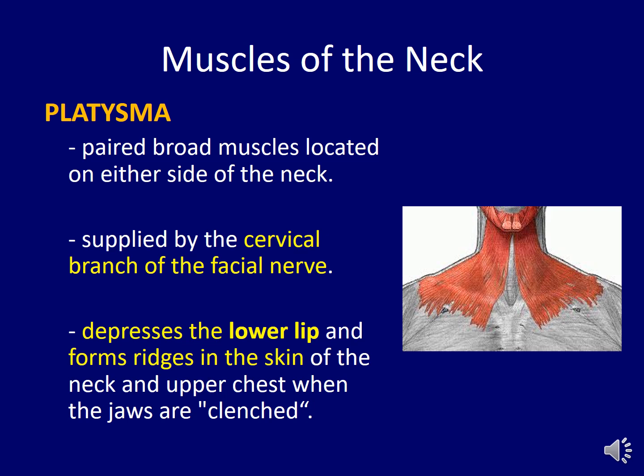Now, for the muscles of the neck, the platysma are broad muscles located on either side of the neck. It is supplied by the cervical branch of the facial nerve, and it depresses the lower lip and forms ridges in the skin.